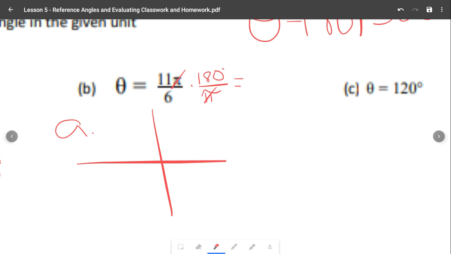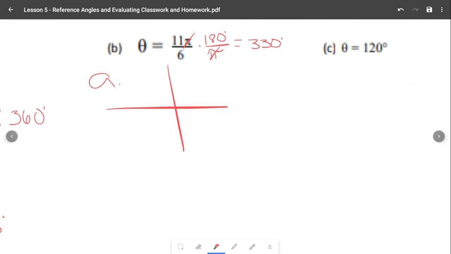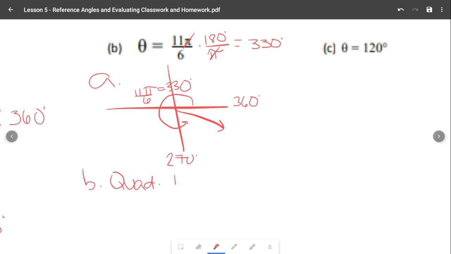So 11 over 6 times 180 is 330. 330 is in the fourth quadrant because it is between 270 and 360. And again, we rotate counterclockwise. So this is that 11 pi over 6, or 330. So part B, this was quadrant 4 that we fell in.